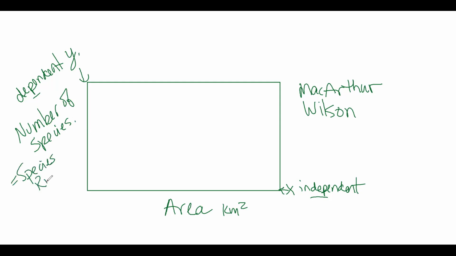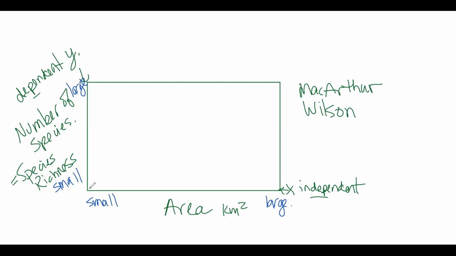If I use the term species richness, it's exactly the same as just saying the number of species. The relationship, as you would expect, is a positive one. As you increase your area from small areas to large areas, you go from small numbers of species to large numbers of species.